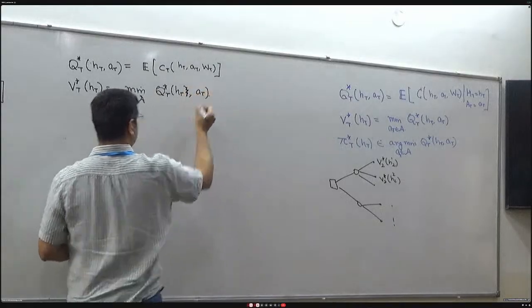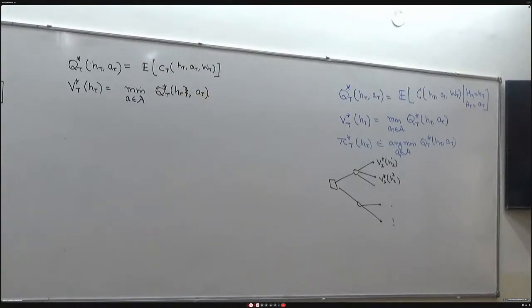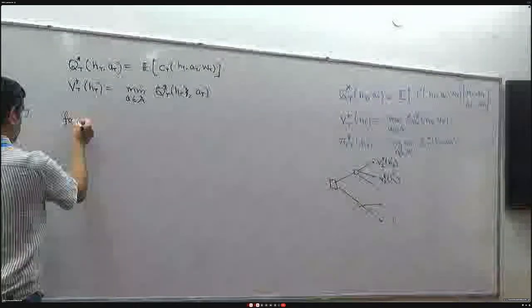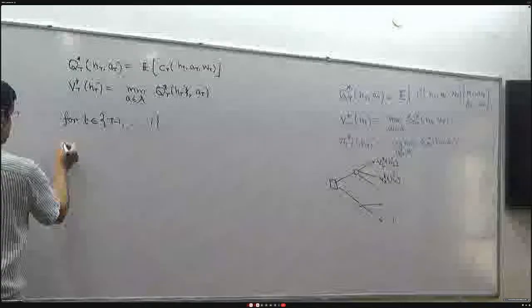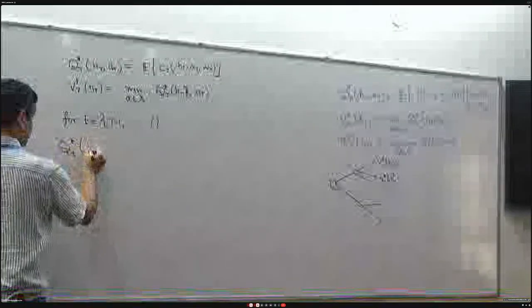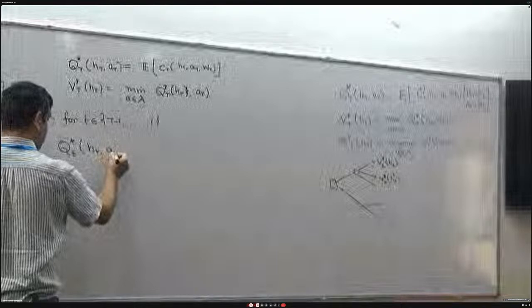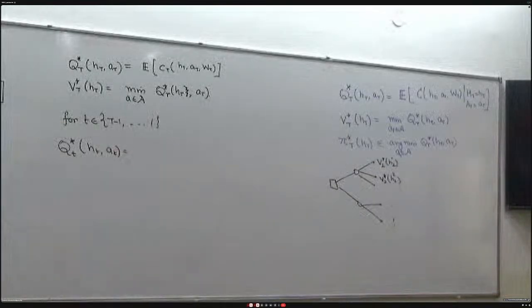Okay. Now the recursive step becomes somewhat different, because now in the recursive step, when I look at the cost to go function at time little t, history ht and at, I know my action is going to give me some cost now, and then I'll have the cost to go from next time onwards.